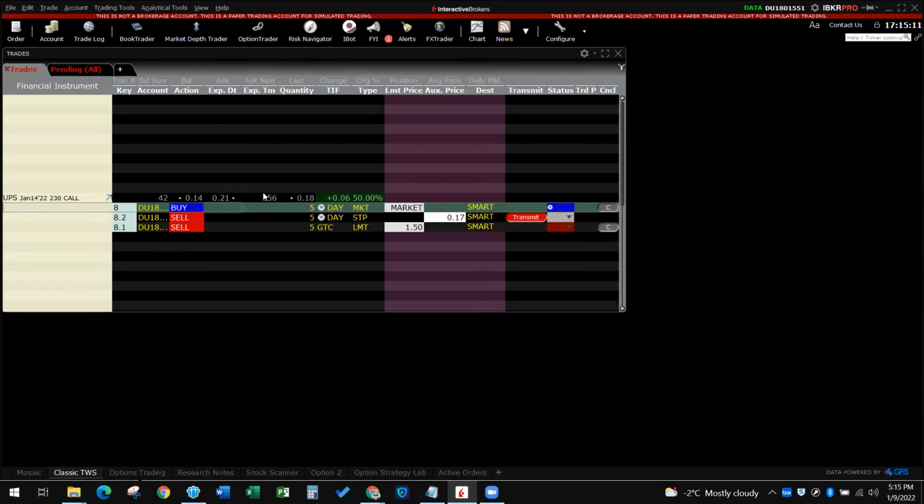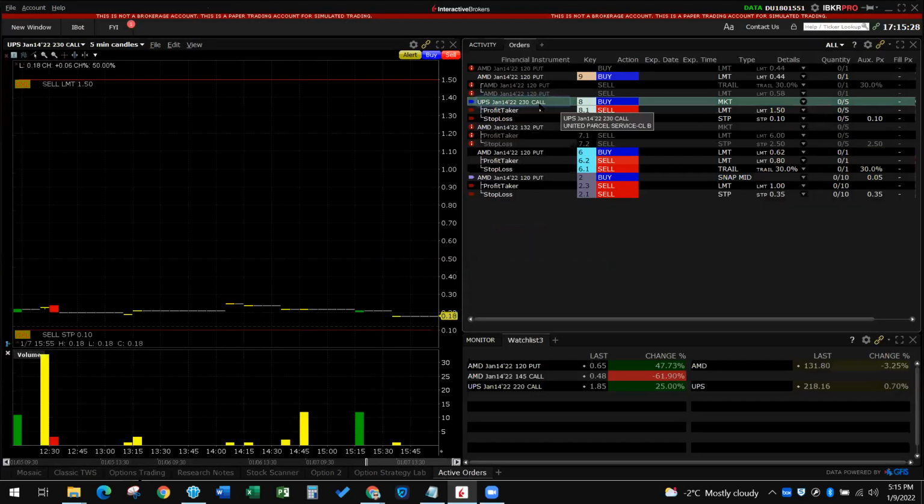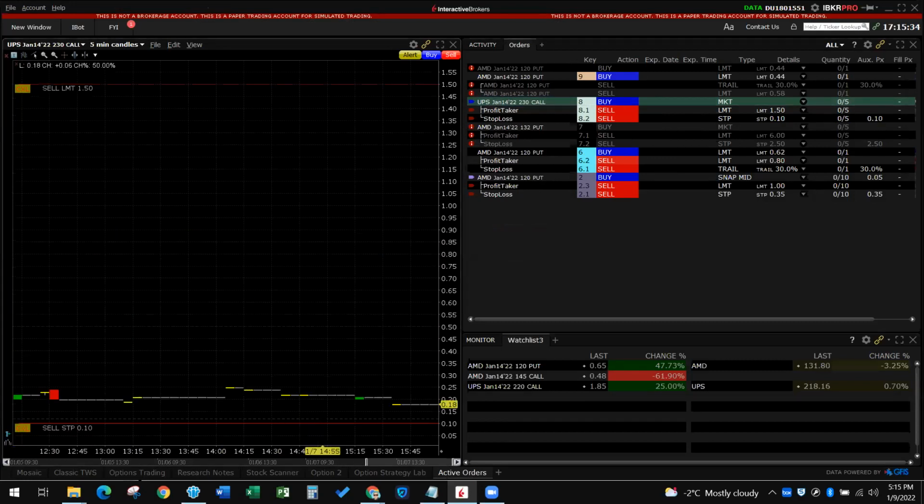For example, if I buy it at 50 cents or 20 cents or whatever, I would say, if it goes below 10 cents, sell it for me. So I have the stop order in the system too. When I look at this trade, I have the stop order here too. I can get rid of this to see it better.